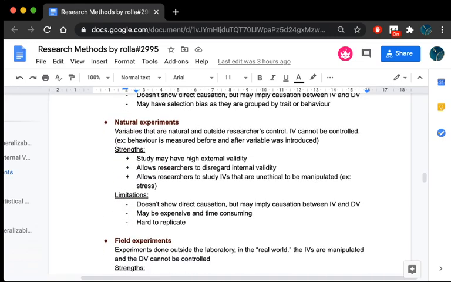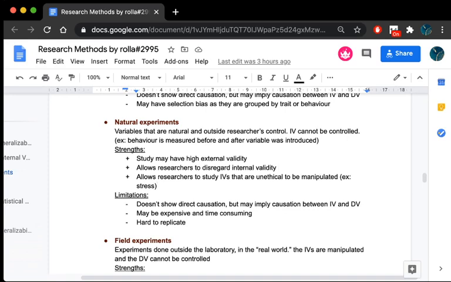And then next we have natural experiments. Natural experiments are usually experiments that are outside researchers' control. The independent variable can't be controlled, and the behavior is measured before and after the variable is introduced.